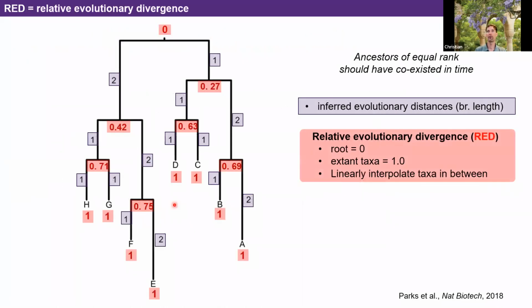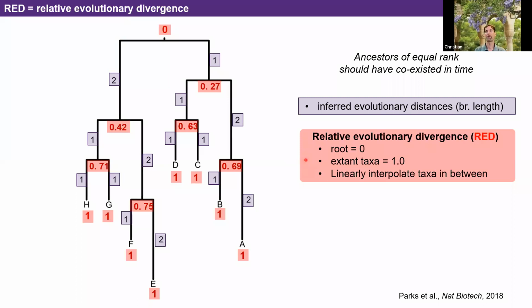So we start with a phylogenetic tree, as I mentioned, based on concatenated protein alignments. And if you've ever inferred a tree, you know that the branch lengths are the inferred evolutionary distance. Those are absolute values. Now, in GDP, we use those branch lengths and turn them into relative values.